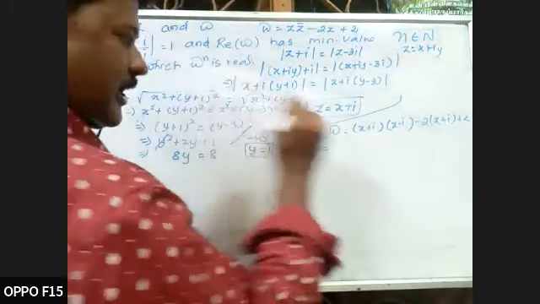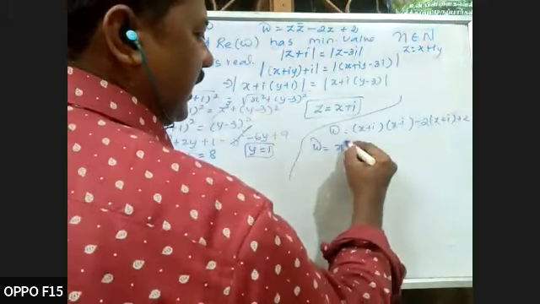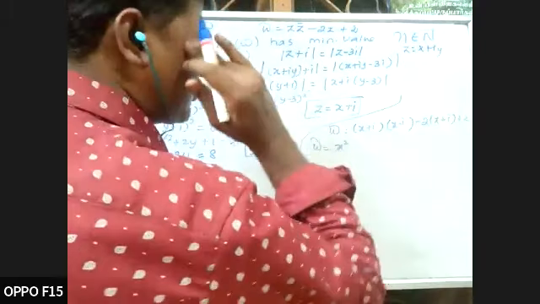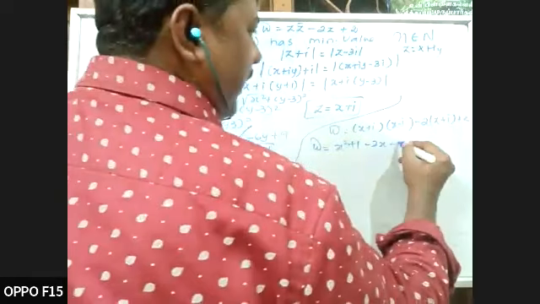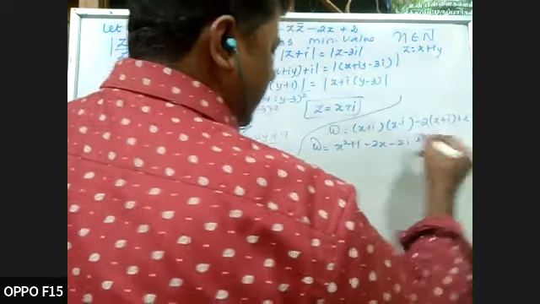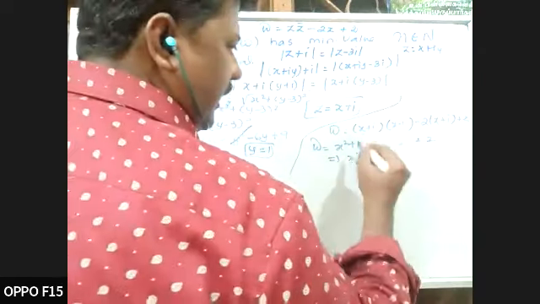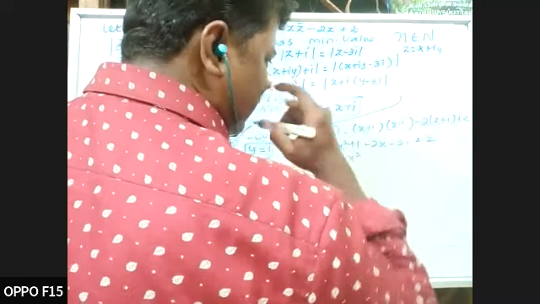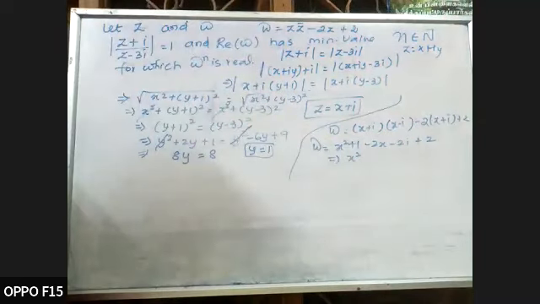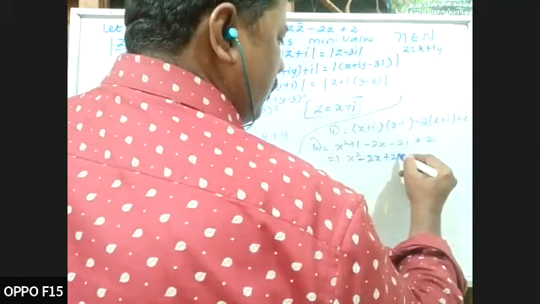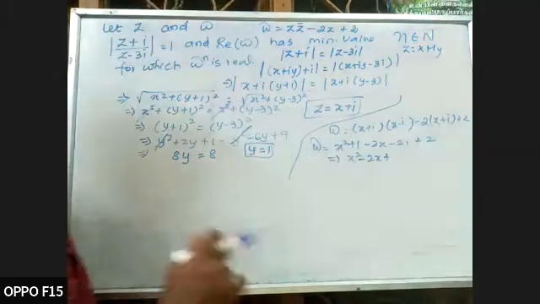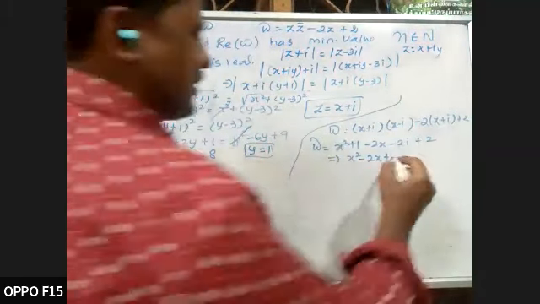Your omega equals X plus I times X minus I, a plus b times a minus b, X square minus I square. I square is minus 1, that becomes plus 1. Minus 2X minus 2I plus 2. We'll get X square, first let us take the real part: X square minus 2X, plus 1 plus 2 gives 3, so plus 3.